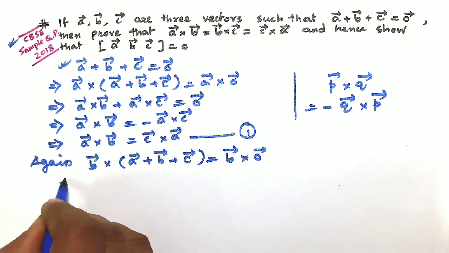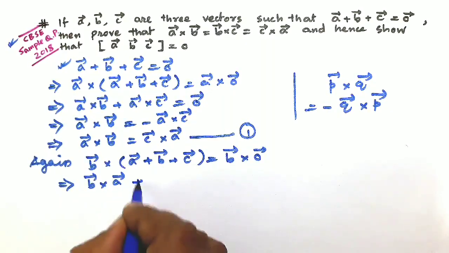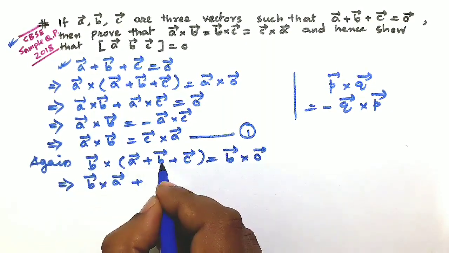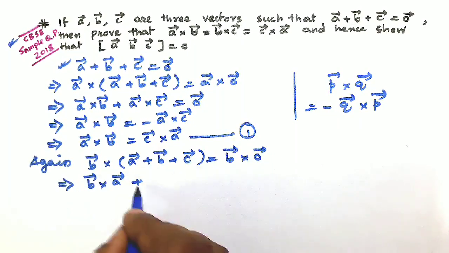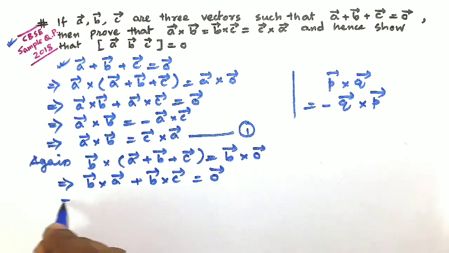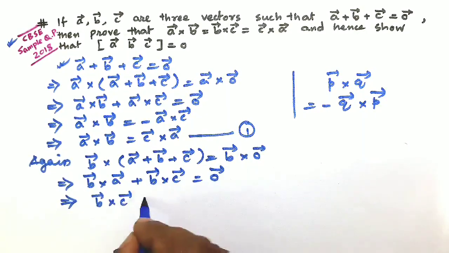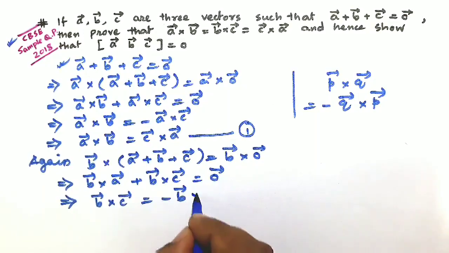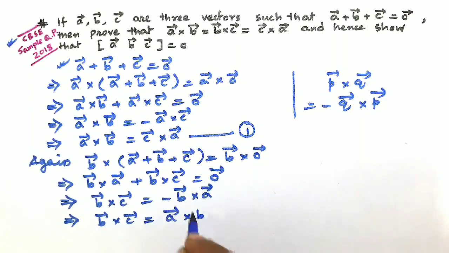Okay, it implies that b vector cross a vector plus b vector cross b vector is 0 vector, and finally b vector cross c vector is equal to 0 vector. It implies that b vector cross c vector is equal to minus b vector cross a vector, that is b vector cross c vector is equal to a vector cross b vector.